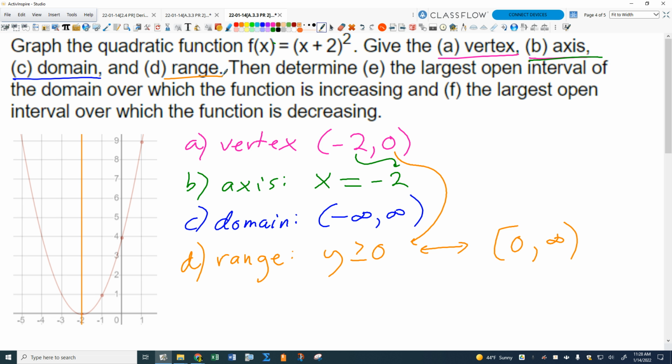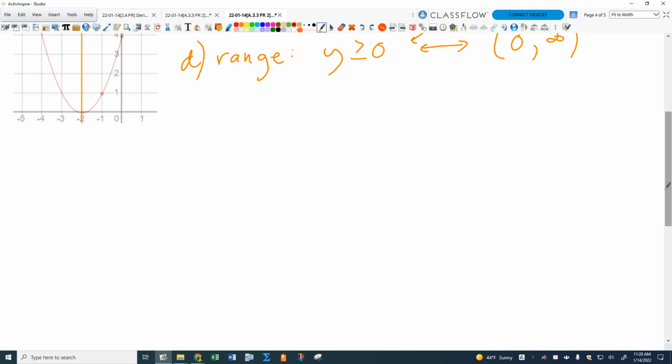So there's range. The largest open interval over which the function is increasing. Okay, again, it just depends, one of two things is going to happen every time.